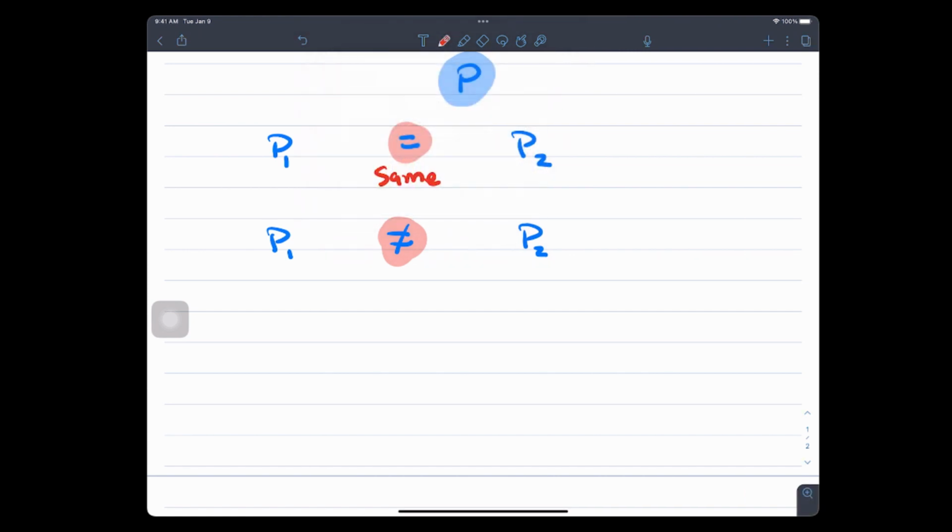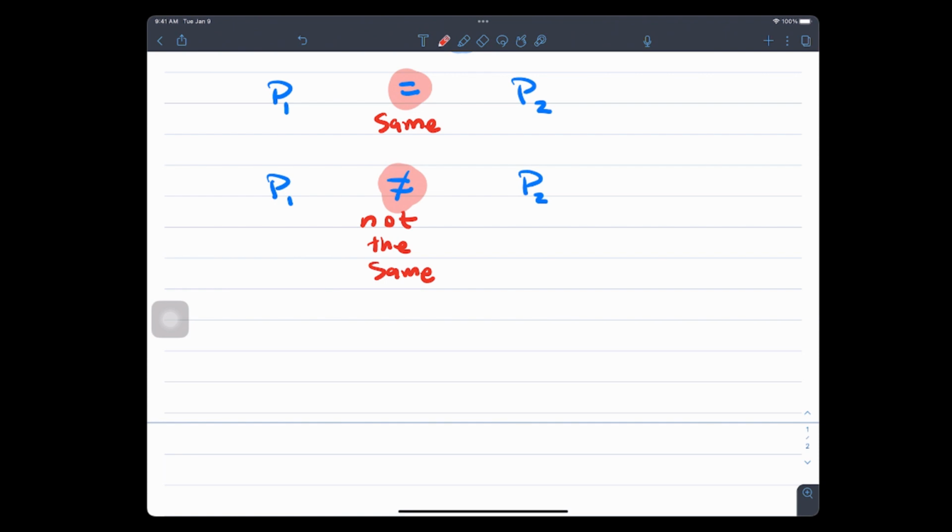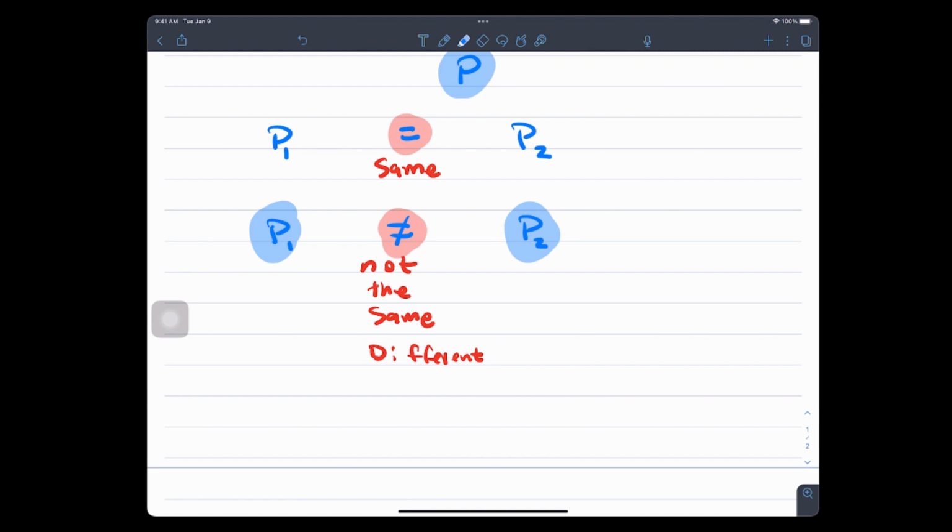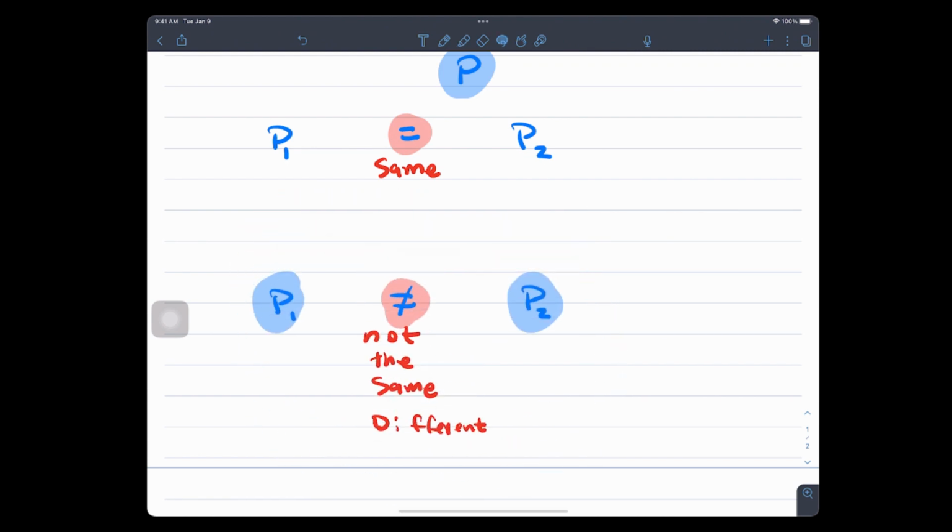Same. What's this phrase? Not the same. Okay. What else do we say for the same? We probably also mean what? Different. Is that right? So when we're comparing two proportions, very often you'll see some of these phrases. Do you know what phrase you can see for the same?